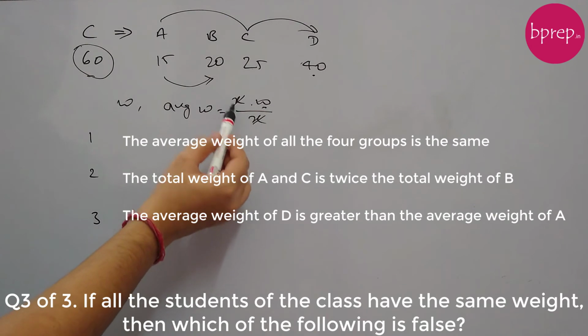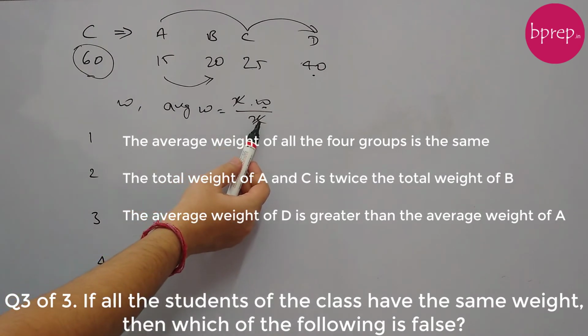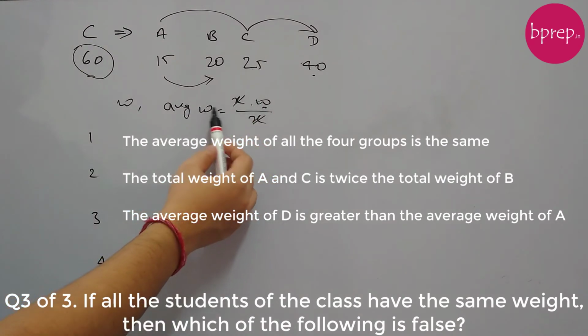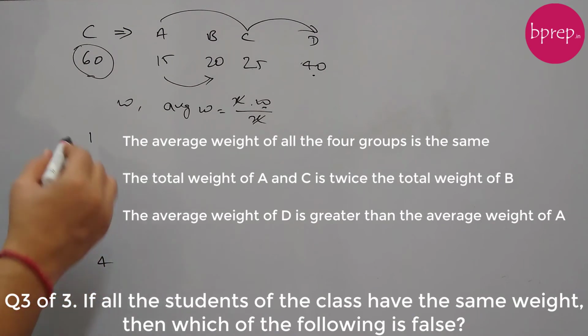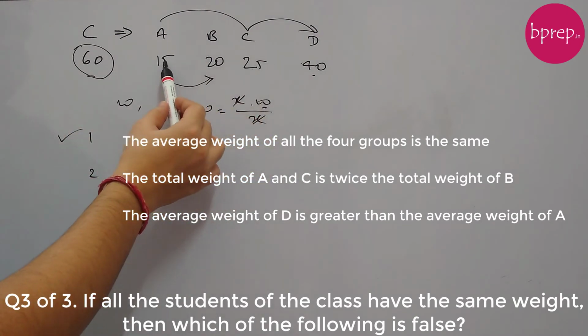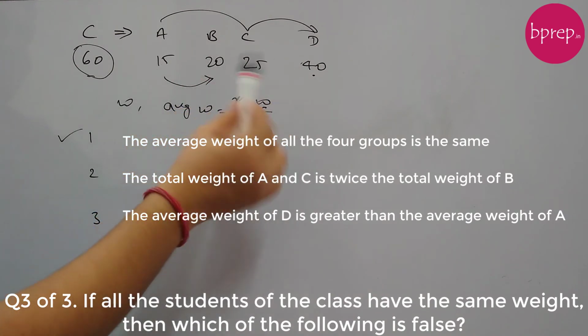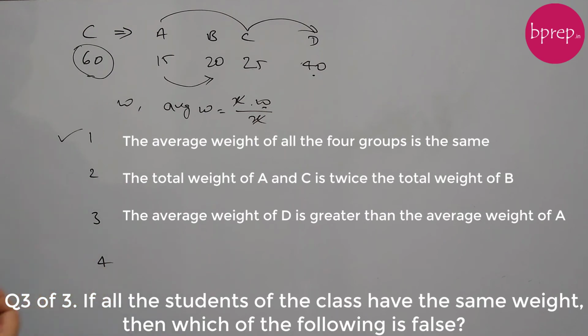The number of students, which we assumed as X, does not matter. The average weight is independent of the number of students because the weight is the same. So the first option is true, and the average weight of all the groups will be the same.